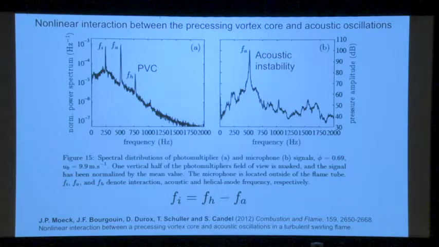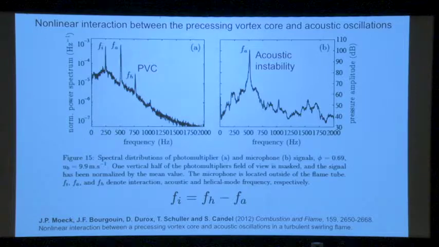Another thing that we worked on, which is interesting, just to let you know, is that there is always a precessing vortex core in swirling injectors. And what is the effect of this PVC? A lot of people have worried about that. What is interesting is that as soon as you put an acoustic wave, for example, this PVC here is at 750 hertz.